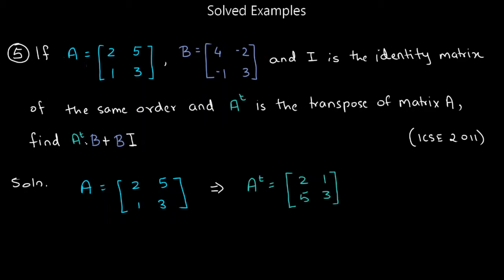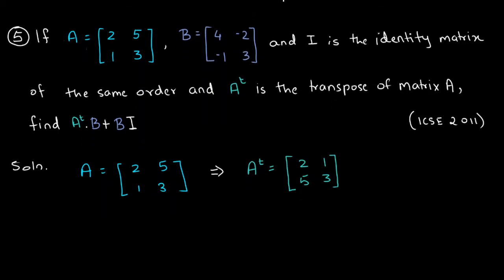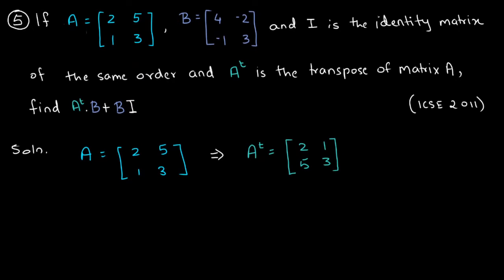Now we want to find the value of A transpose into B plus B into I. So first, let's find the value of A transpose into B. So we have A transpose into matrix B, right?